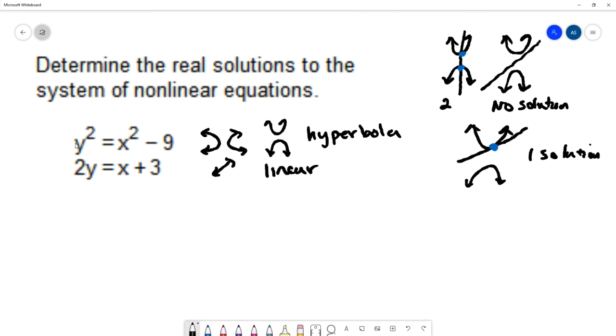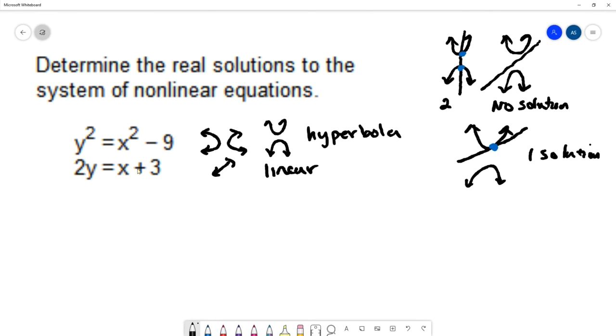Now let's think about how we're going to solve this. Now if I look at the y terms, I have y squared and y. Those are not like terms. I cannot eliminate y. X squared and x, those are not like terms. I cannot eliminate x. So let's try this with the substitution method.